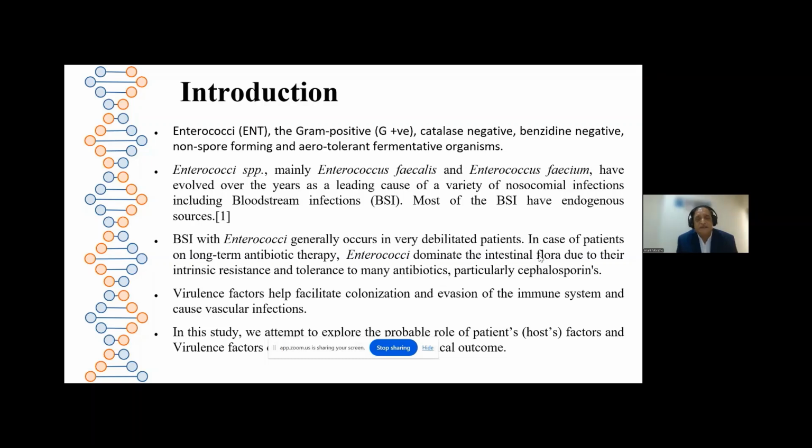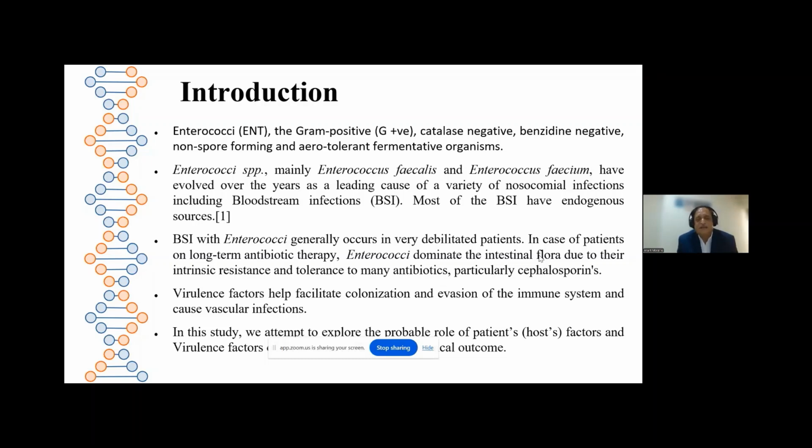Virulence factors help them facilitate colonization, evade the immune system and cause vascular infections. Enterococci are supposed to be good colonizers not only of the intestine but also of the vascular endothelium.